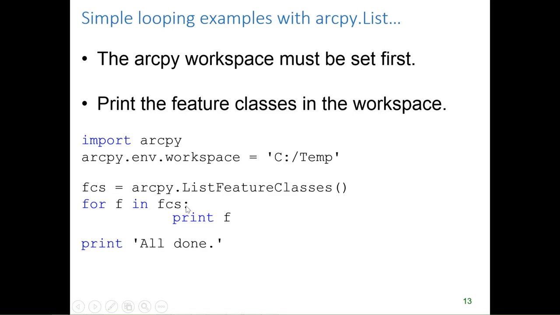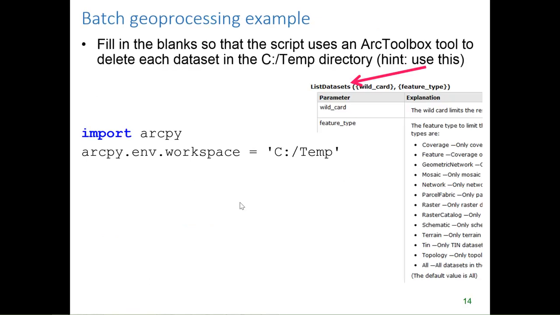And that'll go right down the line through each one of the feature class names in the list. Like for example, earlier it would print bird feeders, and then it would print trails.shp for both of those.